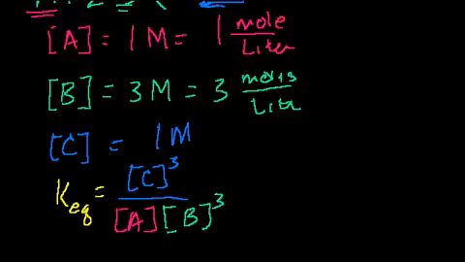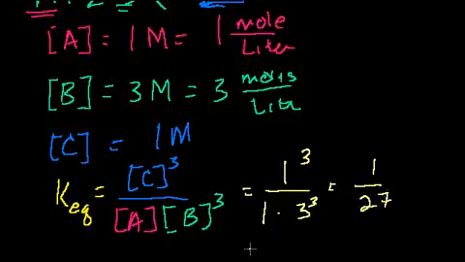Concentration of C is 1 molar, raised to the third power, divided by the concentration of A, 1 molar, times the concentration of B, which is 3 molar, to the third power. So this is equal to 1 over 27.